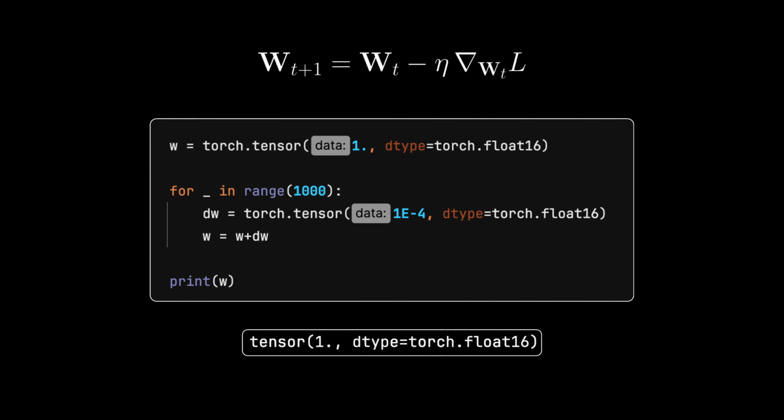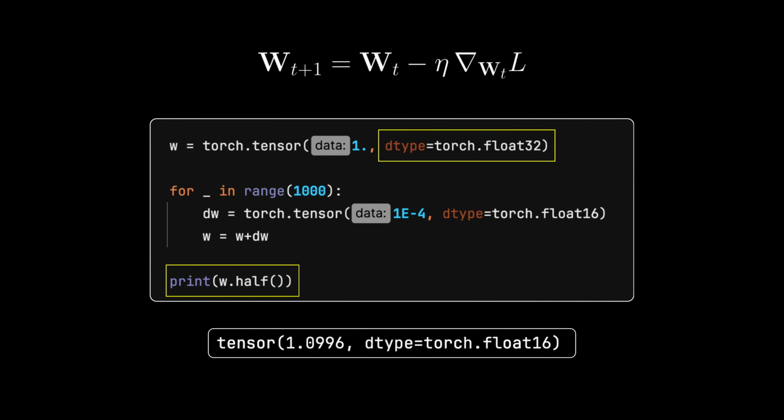Well, what if we change just these two things? We initialize our W in FP32 rather than FP16, and then cast the final W to FP16. Now, the initial FP32 weights do get updated properly. This is because when you add an FP16 value, the gradient, to an FP32 value, the weight, the FP16 operand is automatically promoted to FP32 before the addition.